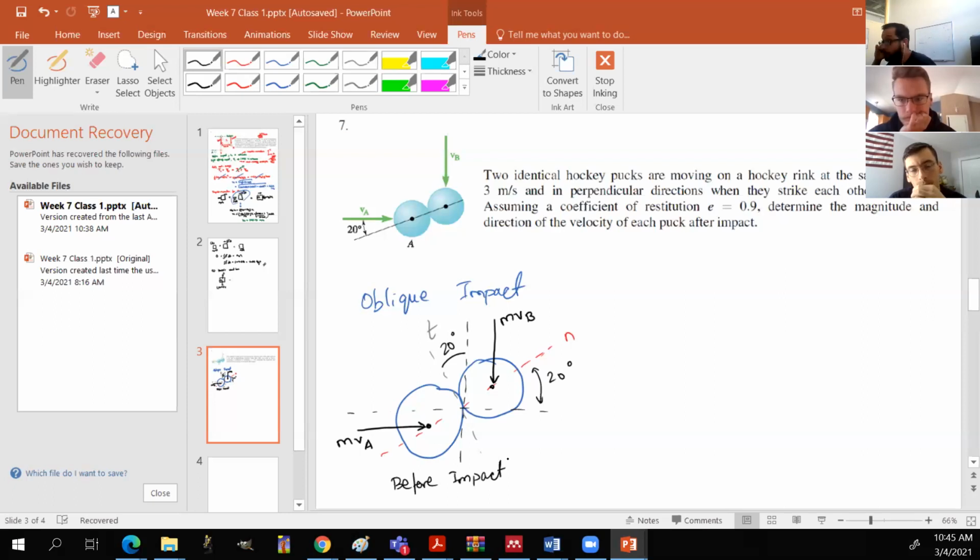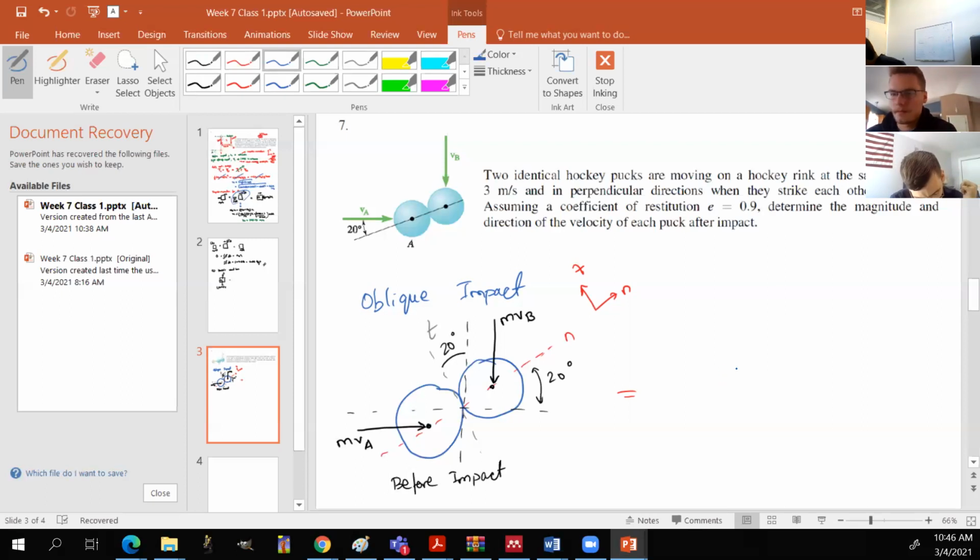Now remember, we're using normal and tangential directions here. So define those when you're writing it out, right? So you have the normal direction, which is positive in that way, and the tangential direction, which is positive upwards. That becomes necessary when you're assuming unknowns, because it's always better to assume unknowns in the positive direction.